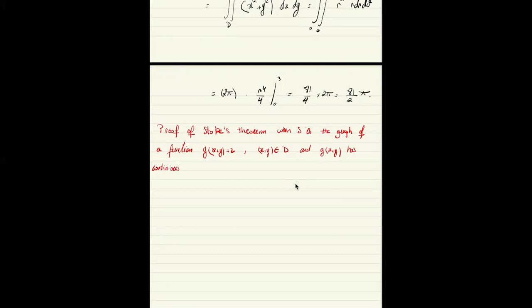You will see why this is important. Okay. Take F as P i + Q j + R k, as in the theorem.